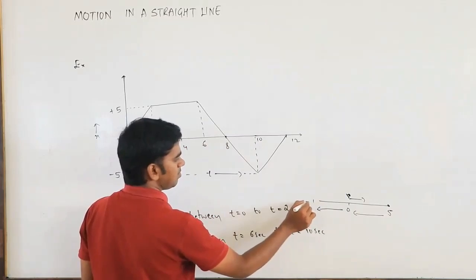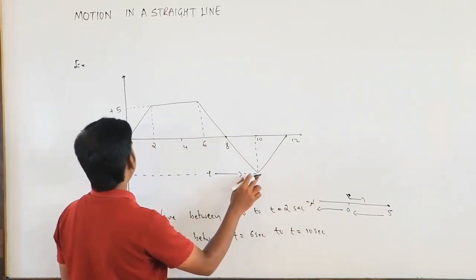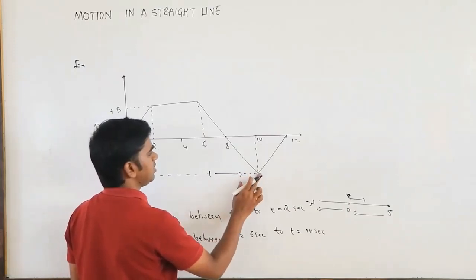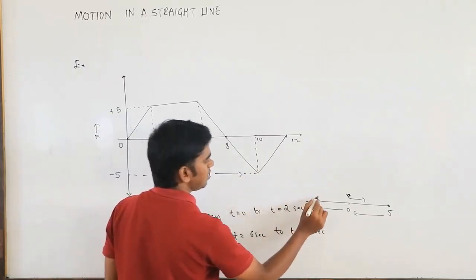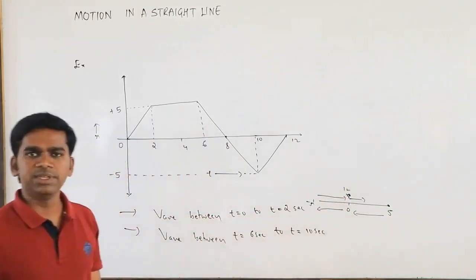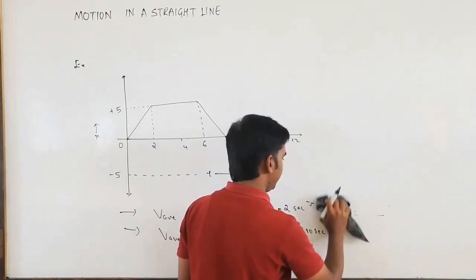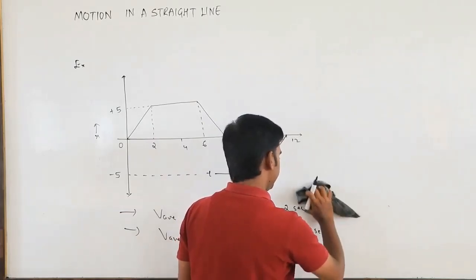It is some minus 5. Then again its position is decreasing, in the sense it is coming back. When it is 12 seconds, it comes back to the same position.